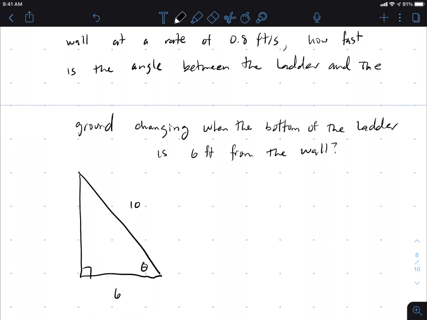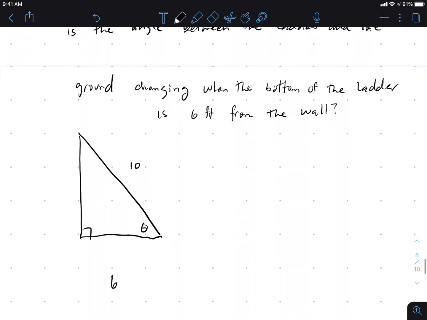Okay, so if we're trying to find the rate of change of the angle, right? We need to have with the information that we've got, this is going to be 6, but right now we know it to be as x, right? We know this to be the height is y, right? Agreed?